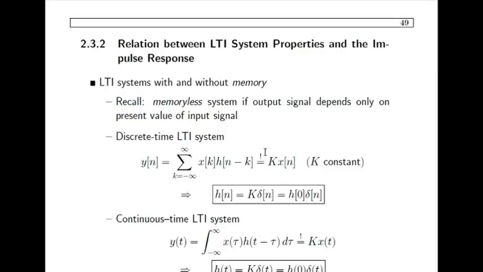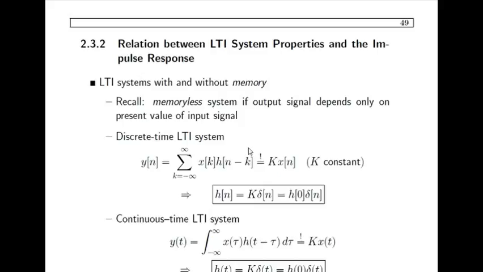So I have taken the output y of n equal to k times x of n, where k is a constant. This will only be possible when h of n equals k times delta of n, or k is equal to h of 0, times delta of n.